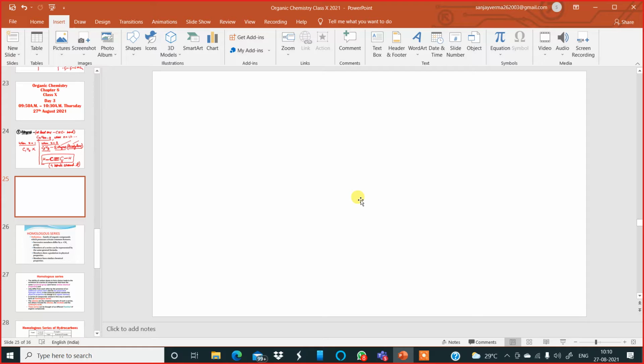For alkynes, if I put the value of n equal to 3 in the formula CnH2n-2, which is the general formula of the alkyne homologous series, it becomes C3. H becomes 2 times 3, which is 6, minus 2 is how much?